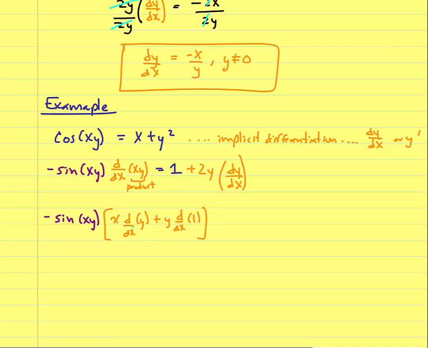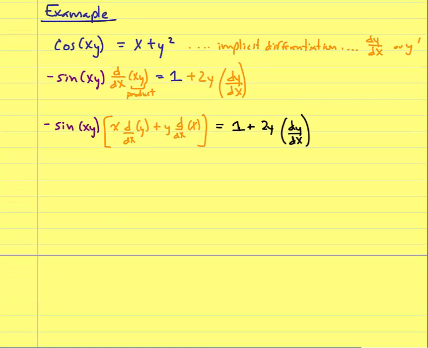So first times the derivative of the second plus the second times the derivative of the first, and the first is x. And this equals, on the right hand side, 1 plus 2y dy/dx. Now I can't solve for dy/dx yet because I haven't actually taken the derivative on the left yet.